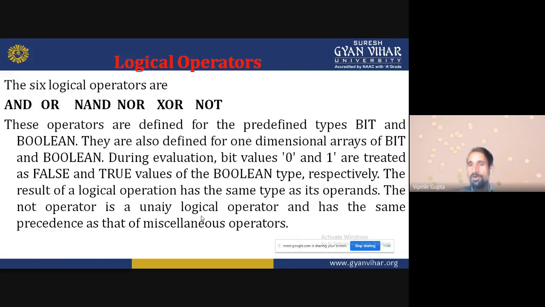When the input is true, the output is false, and when the input is false, the output is true. When 0 is given, the output is 1, like that. It is a unary operator and has the same precedence as the miscellaneous operators.